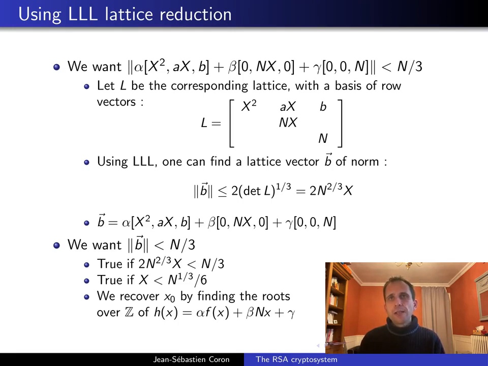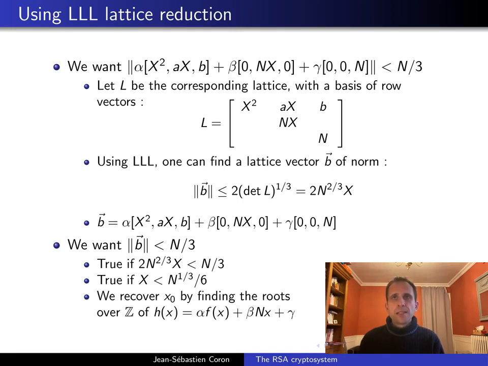And now we know that using LLL we can find a vector in this lattice, a vector which is a linear combination with integer coefficients of these rows, and we can find a short vector b, where the norm will be less than 2 times the determinant of the lattice to 1/3. And the lattice has an upper triangular basis, so the determinant is the product of the diagonal entries.